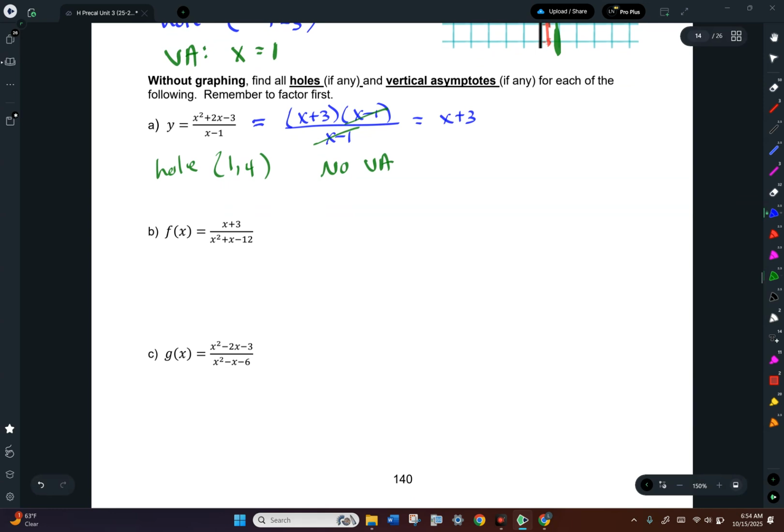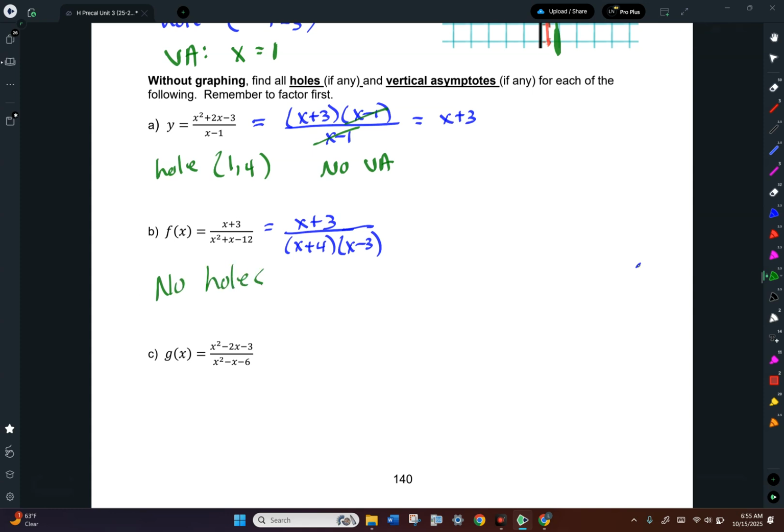Look at letter B. So if we factor this one, the denominator is going to become (x plus 4)(x minus 3). Let's see, just making sure that works. Yeah, that way I have a positive 1x in the middle. Nothing cancels. Okay, that's fine. That means there are no holes.